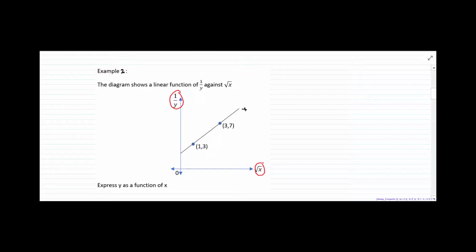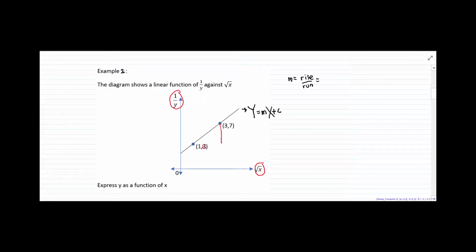So I will label this one first into big Y equals to m big X plus c. We have to find the straight line equation first. We have to find the gradient first. Gradient equals to rise over run. So I will find the rise first. Rise is this one.